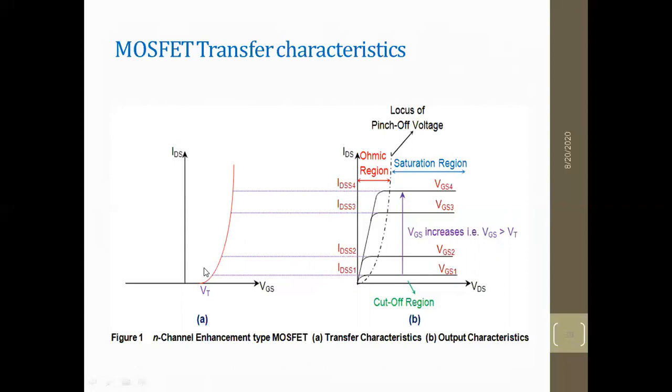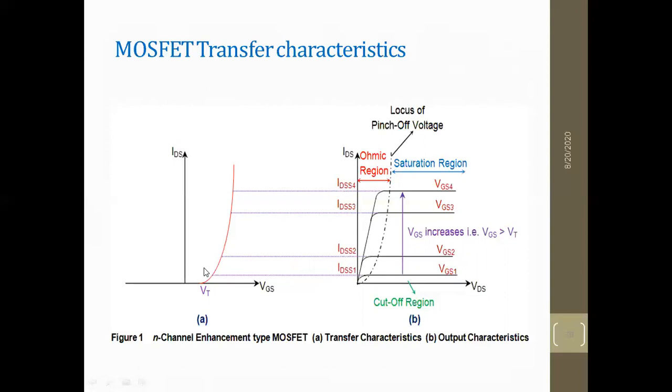That is because the depletion MOSFET remains on at a zero voltage, whereas enhancement type MOSFETs remain off at a zero gate voltage. That is the difference between these two. The depletion MOSFETs remain on at a zero gate voltage, but depending upon the application, we require on and off conditions.